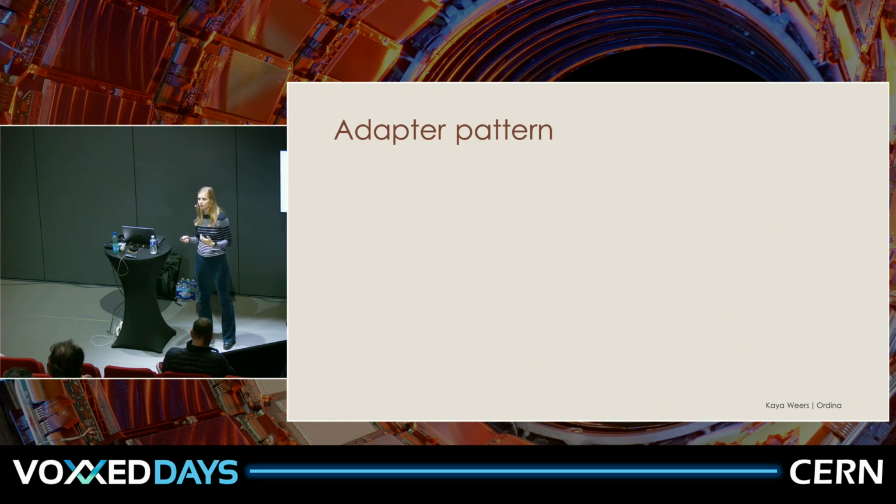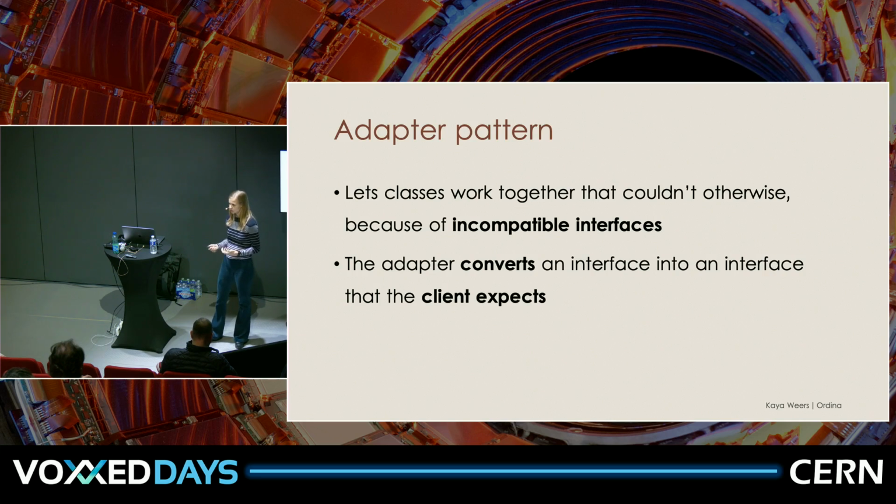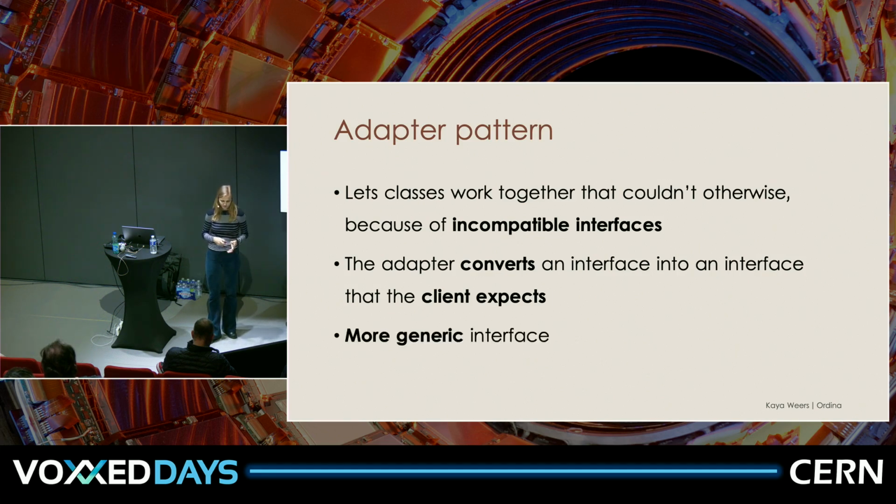In the adapter, the key is that you have two interfaces that won't work together, they're incompatible, and the adapter solves that. So it converts the interface that some service offers to one that the clients expect. So in this case, the service has the cookies, their interface is in Spanish, but the clients expect English. So the adapter makes sure that that works together.